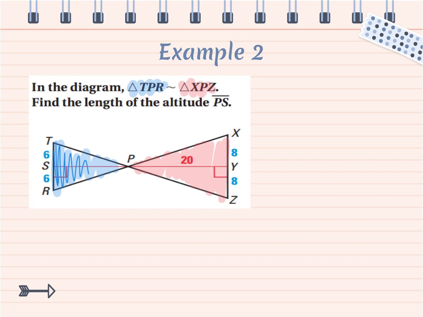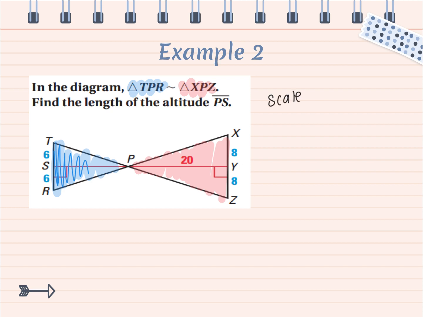They're giving me certain lengths. So I'm going to find the scale factor. Remember, scale factor is the same as finding the ratio of the side lengths. So I'm going to solve for my side lengths in order to find my scale factor. These are similar. I'm going to find my scale factor, then use that scale factor and PY to find PS. So scale factor, that's what I'm going to find first.